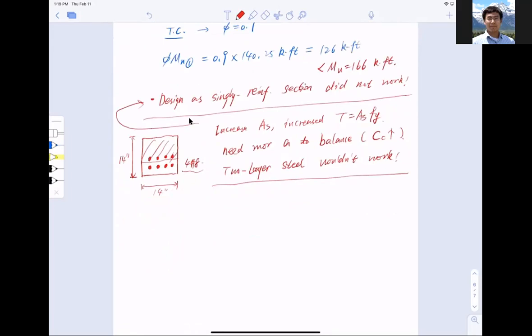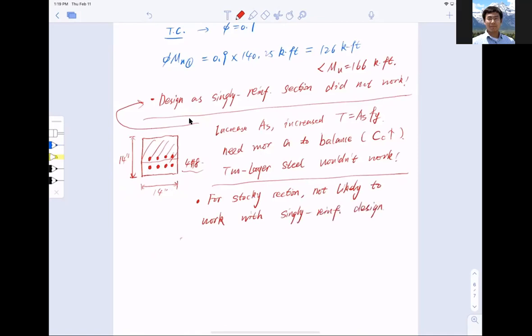So you might already arrive at the conclusion that for a stocky section, meaning a short and wide section, it is not likely to work with a singly reinforced design.